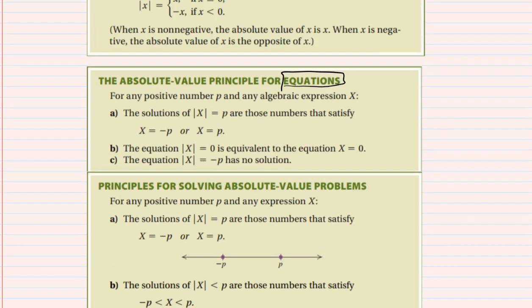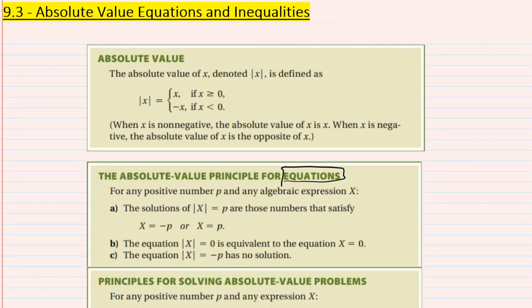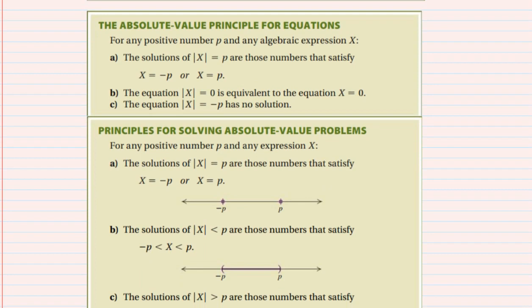Now in this section, in order to be able to work the problems correctly, we need to rewrite all of these statements, whether they're equations or absolute value inequalities. We need to rewrite them without the absolute value symbol. So the key is being able to translate the statements without the absolute value.